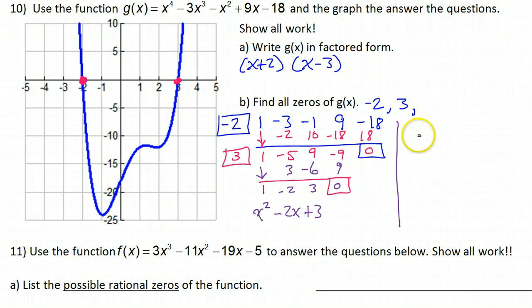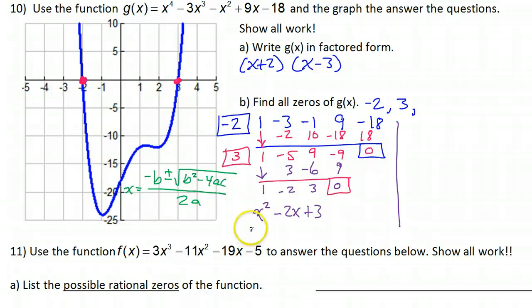So, quadratic formula. Just off to the side here, let me remind you, the quadratic formula says x will equal the opposite of b plus or minus the square root of b squared minus 4ac, all over 2a. That's what I'm doing, in purple.